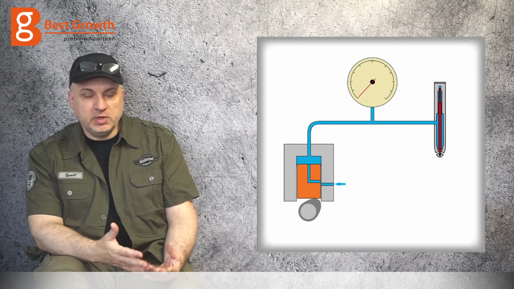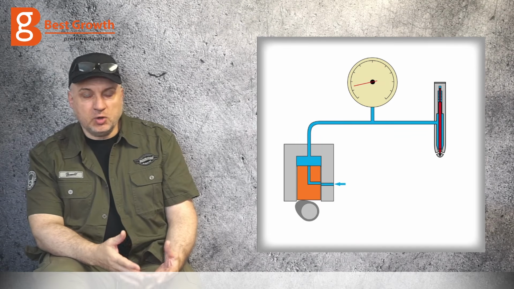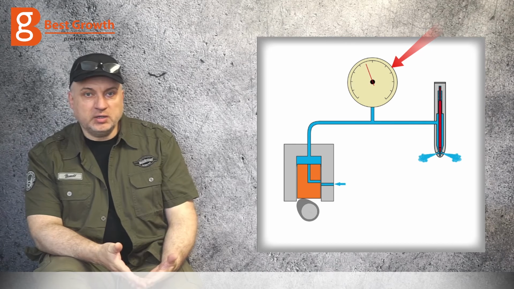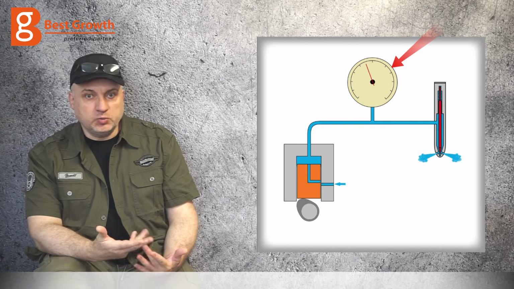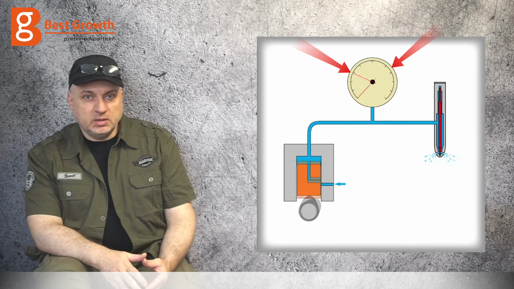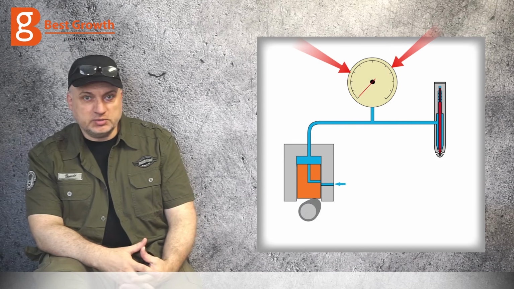So in reality, the pressure at which the needle opens on the injector is much higher than the pressure at which the injector needle closes the injector. And all this happens under constantly changing injection pressure.